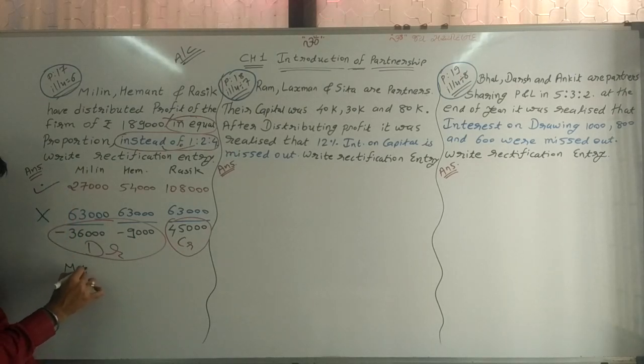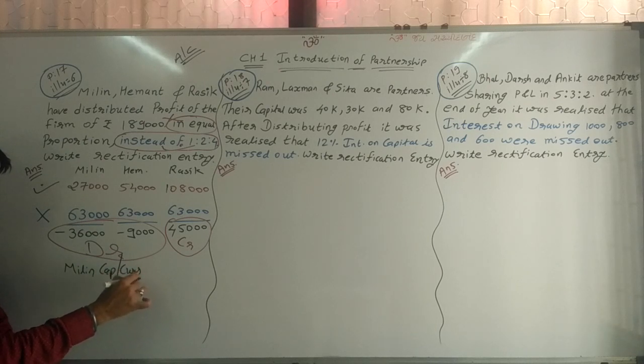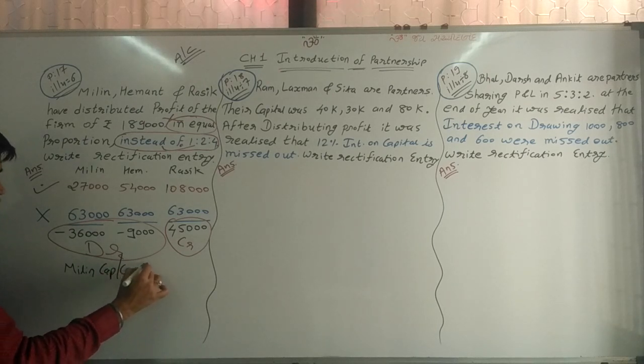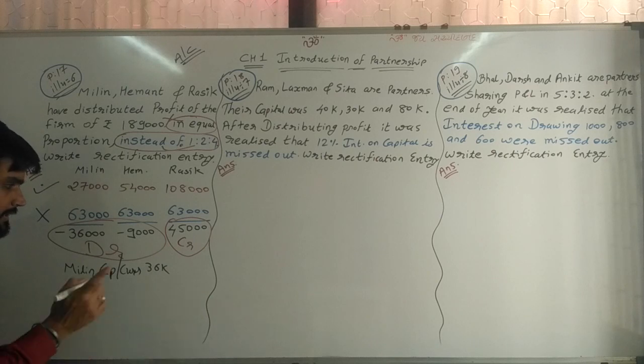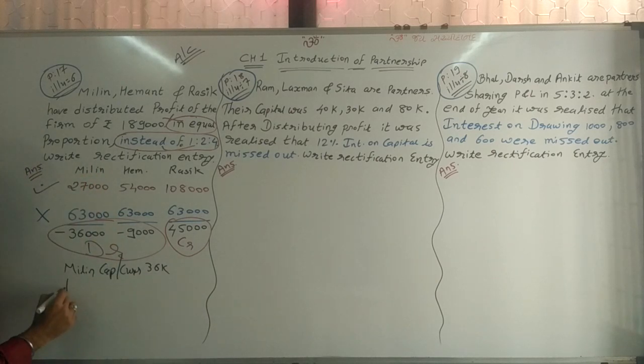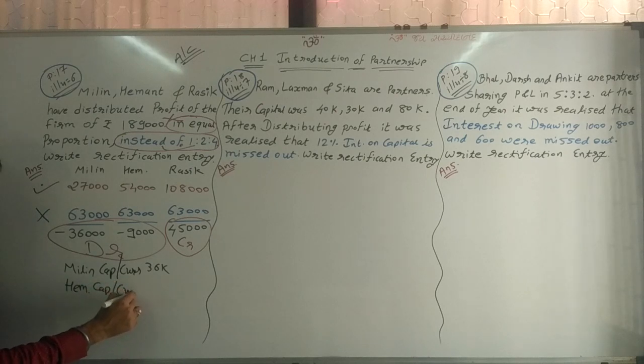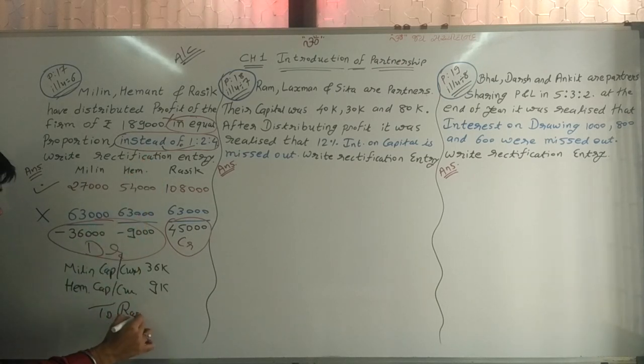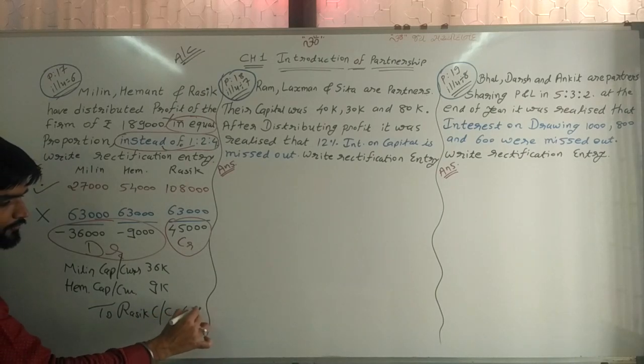Milin capital or current account debited 36,000. Second, Hemant capital or current account debited 9,000. To Rasik capital or current account credited 45,000.